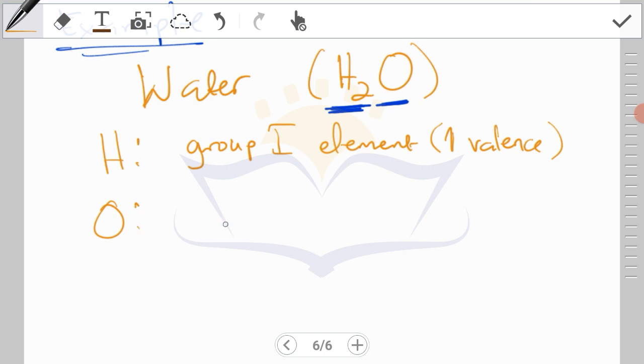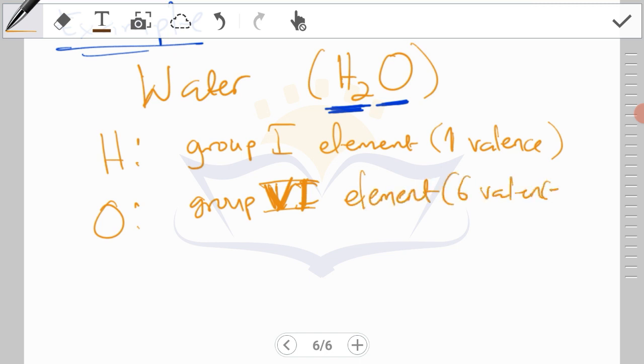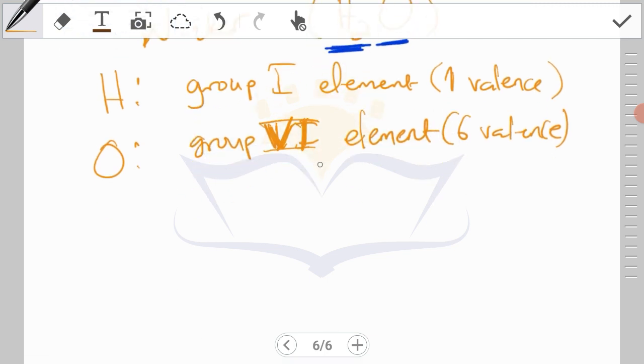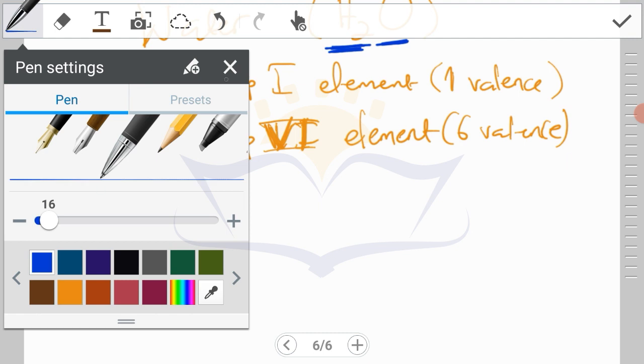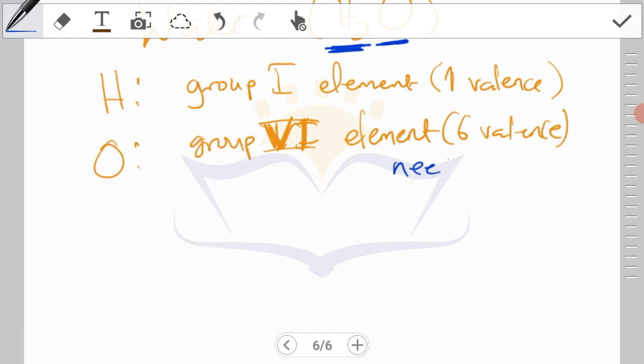Pomwe oxygen is a group 6 element. Group 6 element ali ndi 6 valence electrons. To attain stability, oxygen needs 2 electrons.